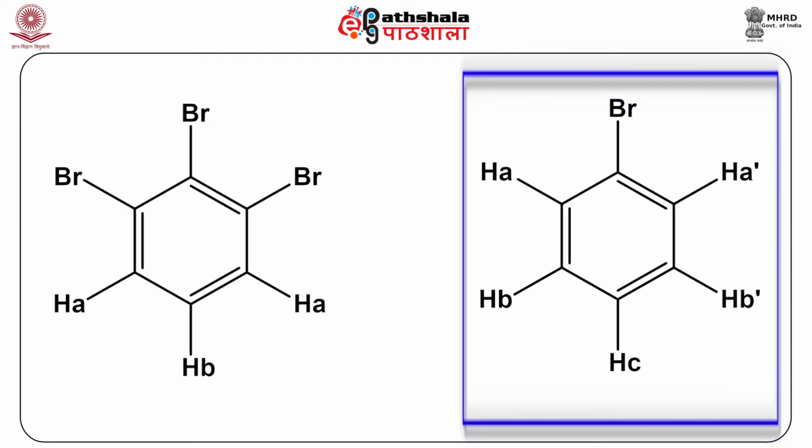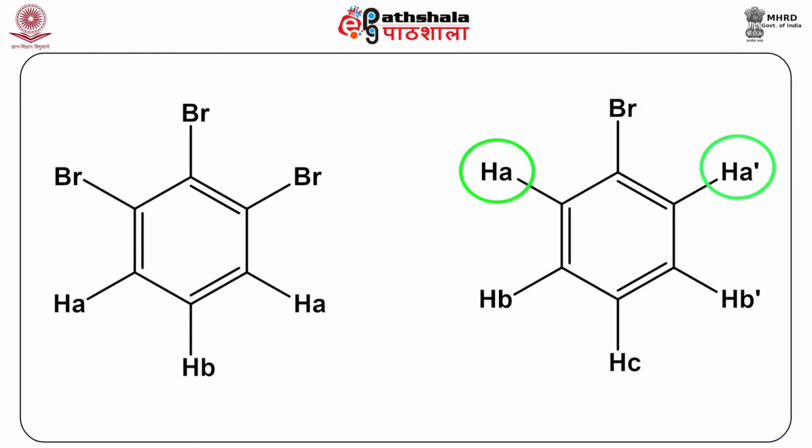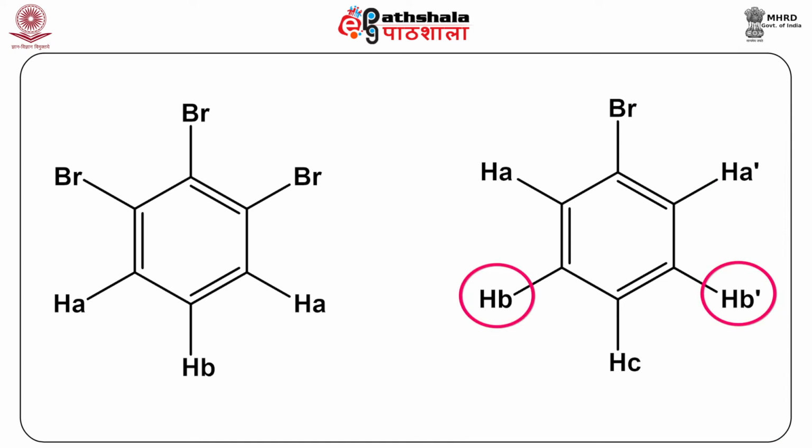However, if you look at the second structure, in which you can see just bromobenzene, protons HA and HA dash as well as HB and HB dash are chemically equivalent. That means they have a plane of symmetry.